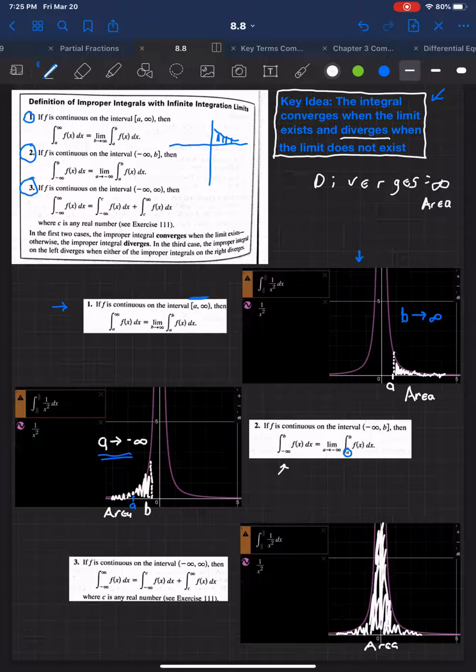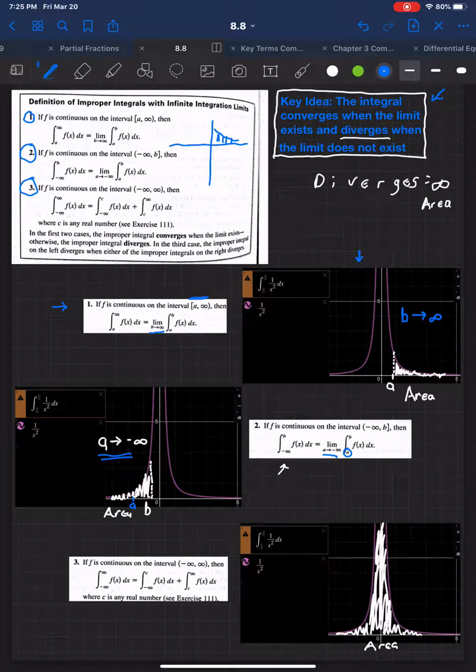And now, since I want the area under the curve from negative infinity to b, I just let this value of a go to negative infinity. Okay? The main thing is to notice the limit, notice what you're doing with the limits along the way.